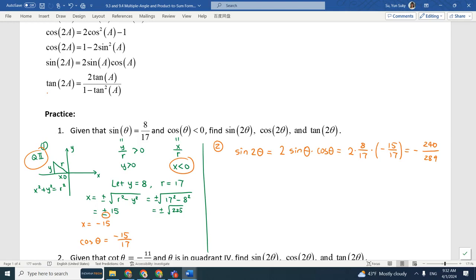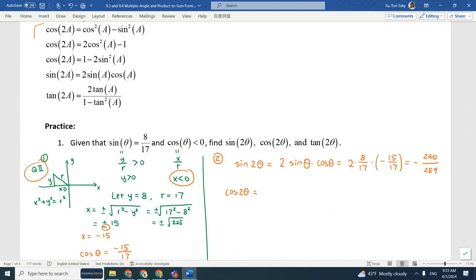And now we need to compute what is cosine 2 theta. Okay, so cosine 2 theta, you have 3 formulas. You can use any of them. They're all equivalent. So I usually use either just the one with the cosine or just the one with the sine. Then it's easier to calculate. Which one do you prefer? The middle one?